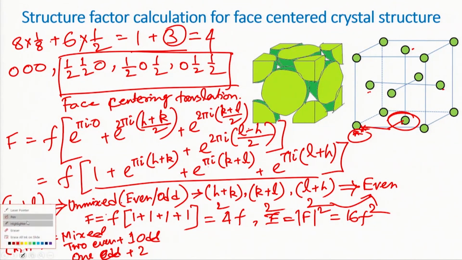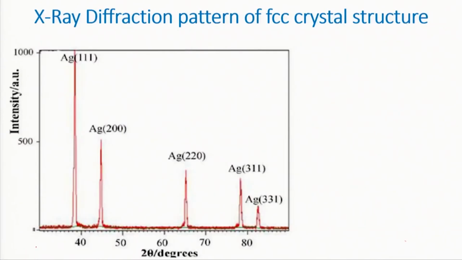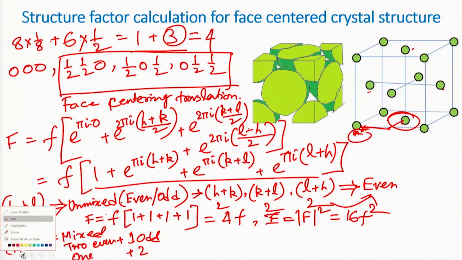Let me erase this part. Yes, 1 even and 2 odd. Okay. So, what will happen in this condition?